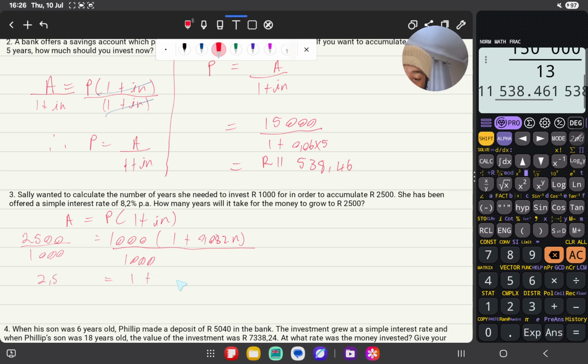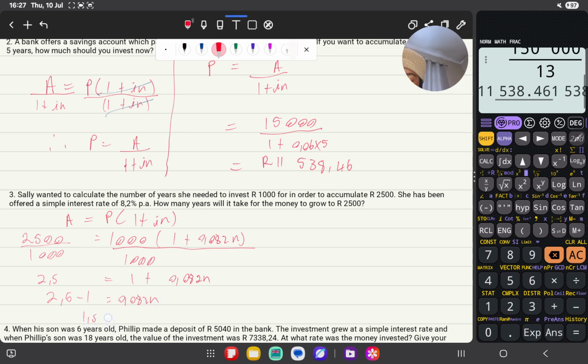You have 1 plus 0.082n, right? And then after you go that side, you subtract: 2.5 minus 1 equals 0.082n.